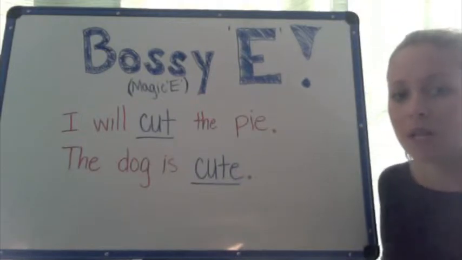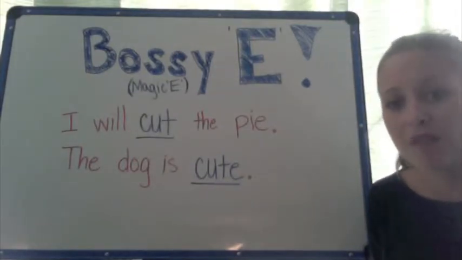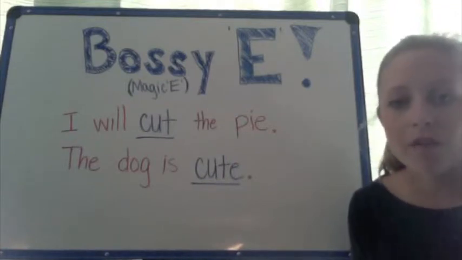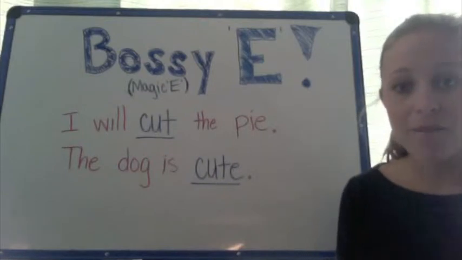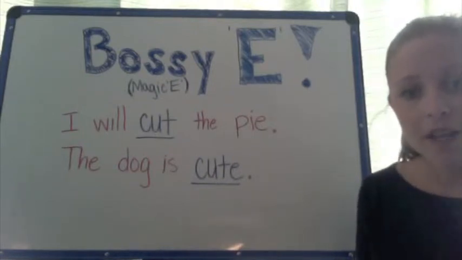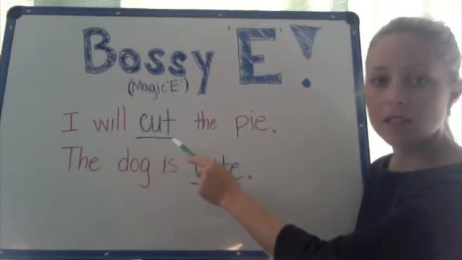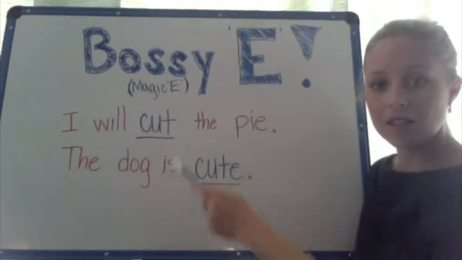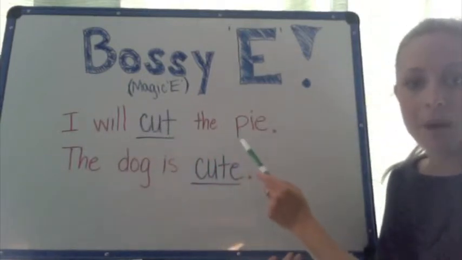Now, when we're reading this first sentence, there's an underlined word. They're both very similar, but one of the words has a bossy E. So, let's go back to that first sentence and sound out that underlined word. Ready? Cut. I will cut the pie.